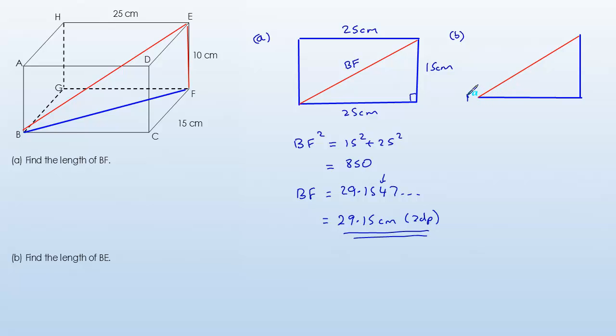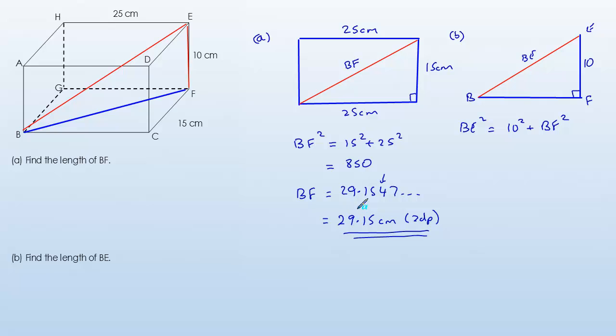So this is B, F and E, and we're trying to work out this length here, the length BE. We know this is right angled, we know this is 10, and we've just worked out the length of BF. So BE is the hypotenuse, so BE squared is equal to 10 squared plus BF squared.